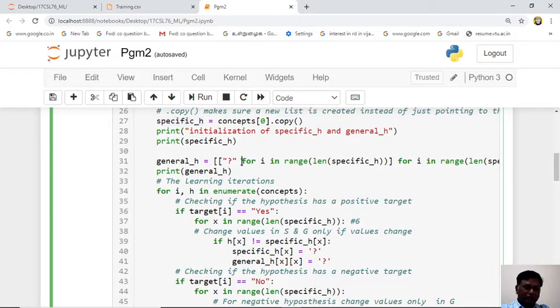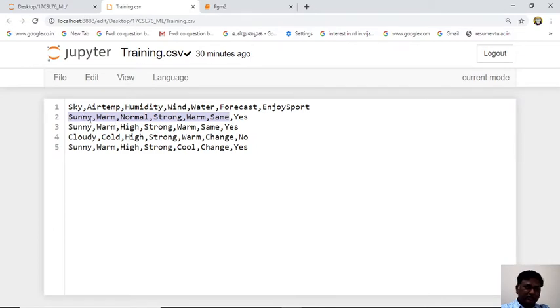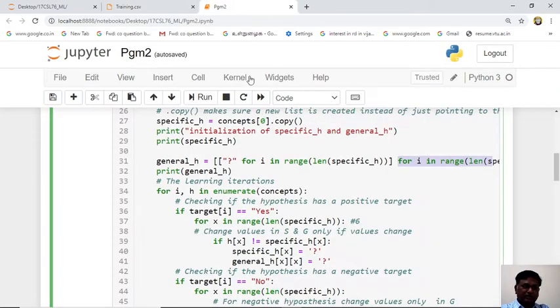So we are using two for loops, this is your outer for loop and inner for loop. So what can be the maximum size of the general case? You see 6 things are there. So 6 into 6, 36 values we are initializing as empty.